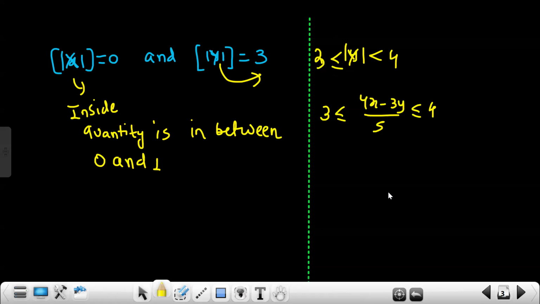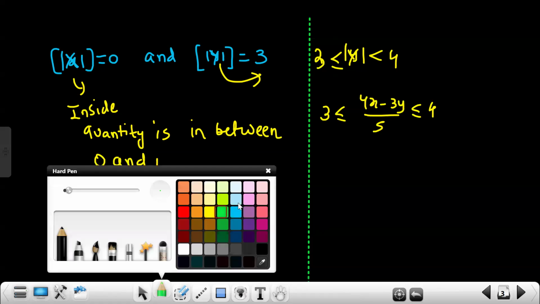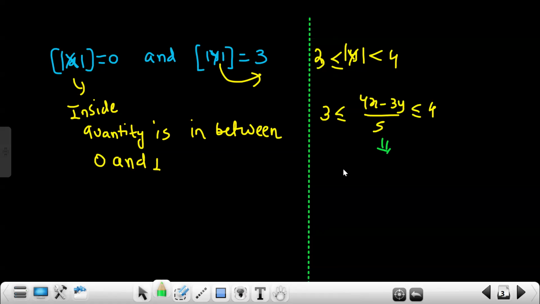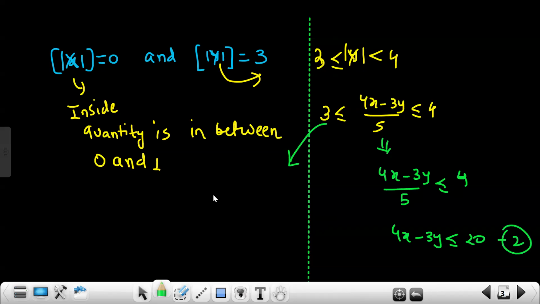If you solve it further, first solve 4x minus 3y by 5 less than or equal to 4. So 4x minus 3y less than or equal to 20. And solve this: 4x minus 3y by 5 greater than or equal to 3, or 4x minus 3y greater than or equal to 15. I hope this is clear now.